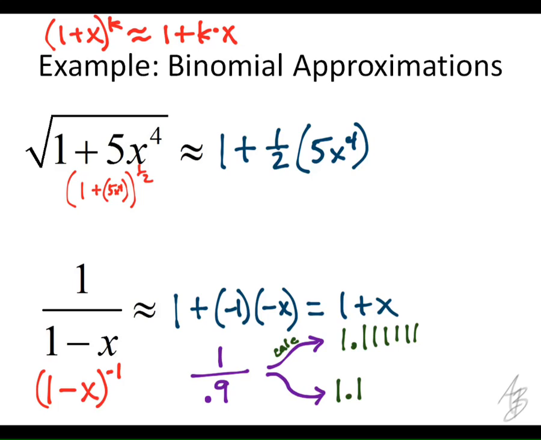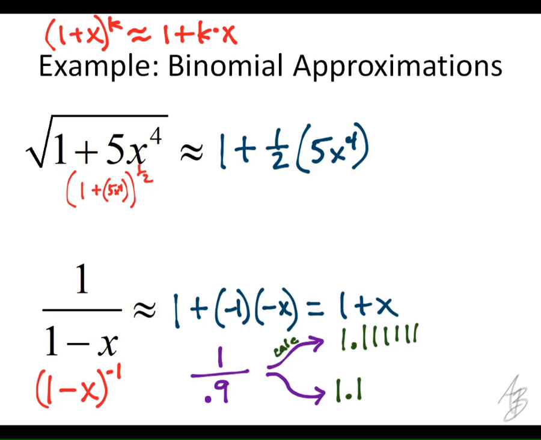And like I said, it would be even more accurate if we use a smaller value. If we put in 0.05, let's say we want to know what 1 over 0.95 is, that would be really close to 1.05. Right? Okay, cool. You were checking me, right? Yep. So the smaller x is, the more accurate this is going to be.